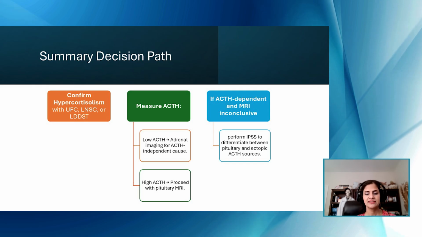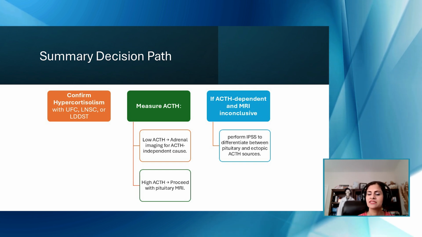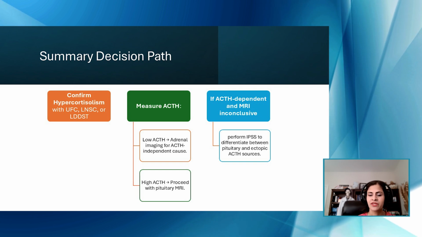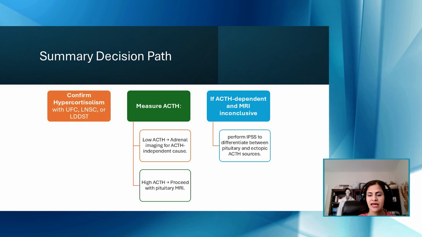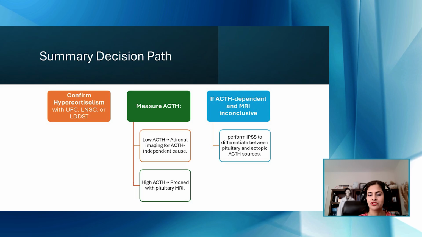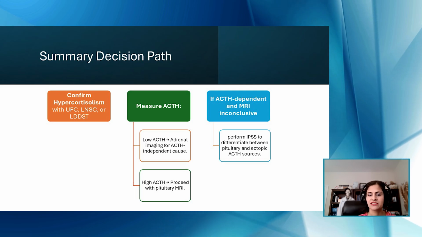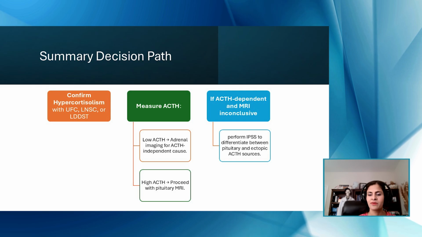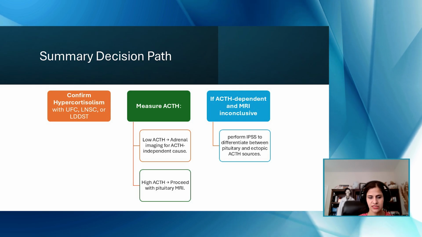If there's low ACTH, this is called ACTH independent, and then you need to move to the step for adrenal imaging. If it's high ACTH, then that's ACTH dependent, and you need to differentiate between a pituitary or ectopic etiology, which is the last part where you perform IPSS to differentiate between pituitary and ectopic ACTH sources.